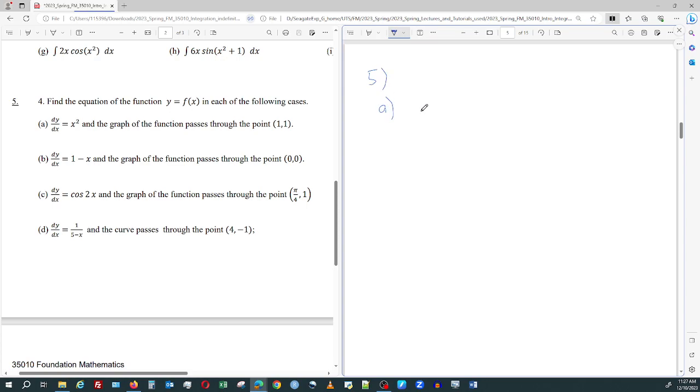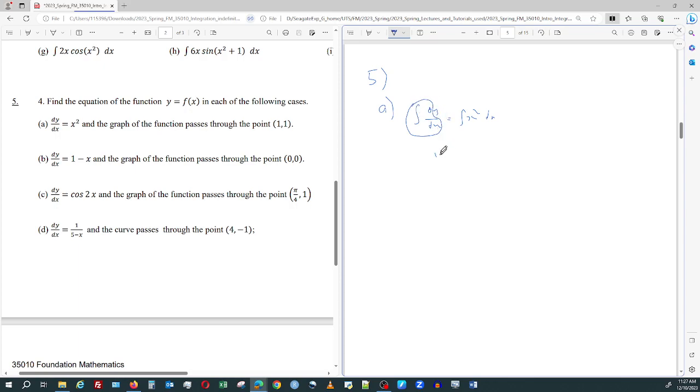We have a differential equation. So we integrate dy dx. We also integrate x squared dx. This has the effect of undo.